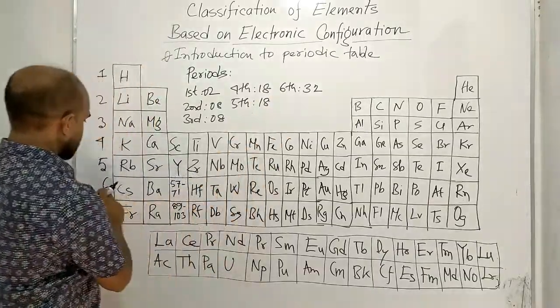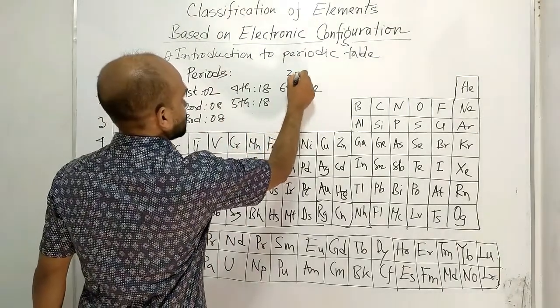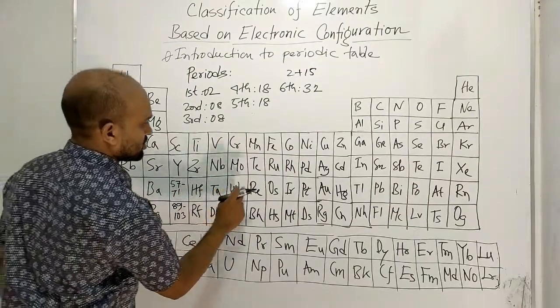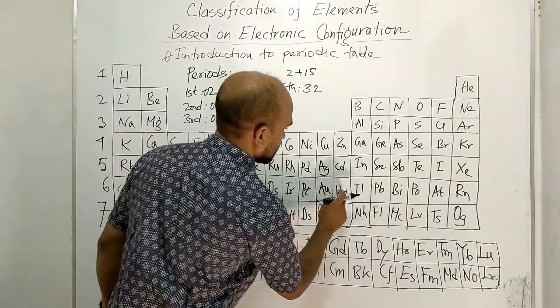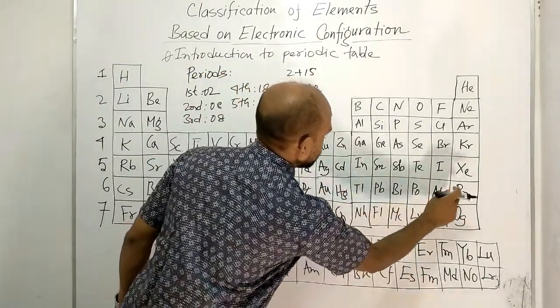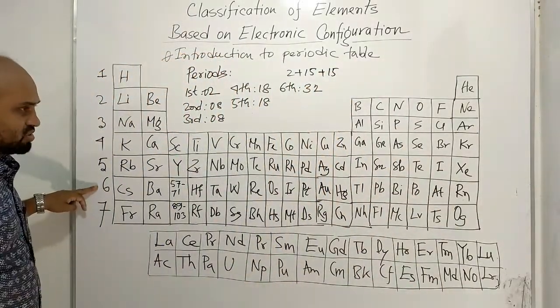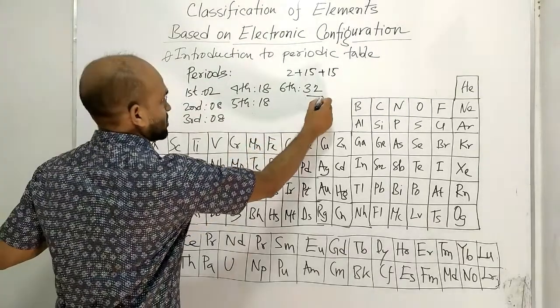So here is actually total number of elements 15. So this is 2 plus 15, and after that here 1, 2, 3, 4, 5, 6, 7, 8, 9, 10, 11, 12, 13, 14, 15. Another 15. So here 6th period total 32 elements.